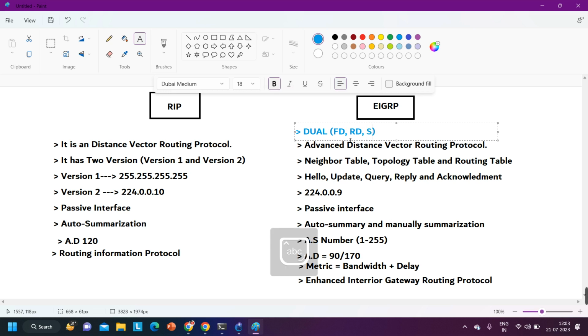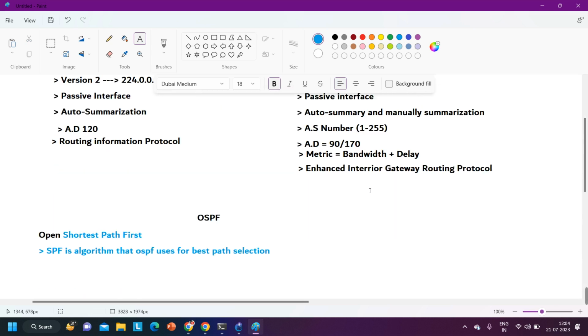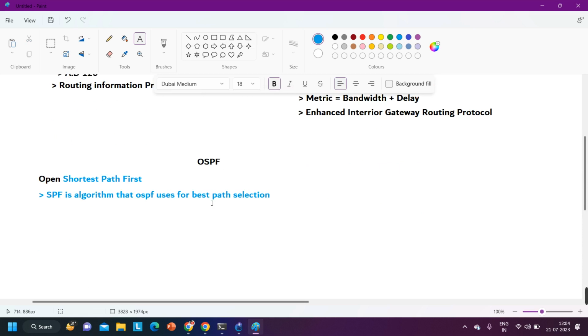Third is successor. And last is feasible successor. Getting my point? So EIGRP uses the DUAL algorithm, RIP uses the Bellman-Ford algorithm, and OSPF uses the SPF algorithm for best path selection.